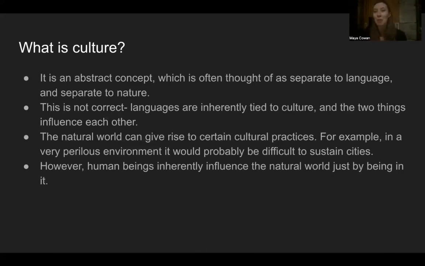Those are very different environments. And of course, people who live there are going to have to adapt to that natural environment in a certain way. But what I mean to say is that the interchange isn't exactly one way. So nature influences culture, and culture influences nature. And really, after a certain point, it often becomes hard to distinguish what is culture and what is nature.